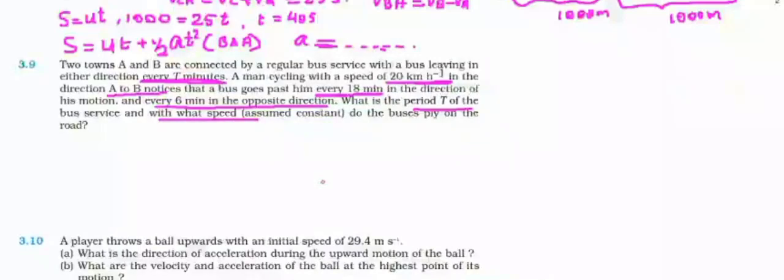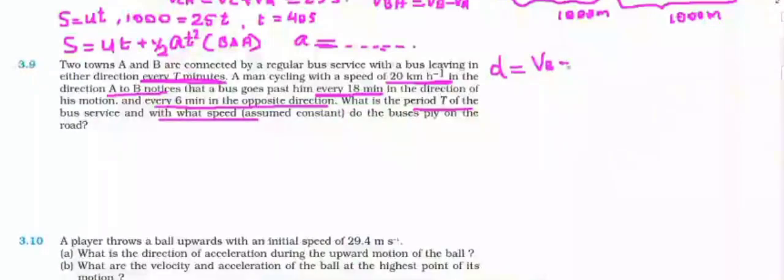Okay, let's solve it. Here, first we can see the distance traveled by the bus between two successive overtakings of the cyclist. So D is equal to... When the bus travels in the direction of the cyclist, both are traveling in the same direction. So as both are in motion, we need to take relative velocity.